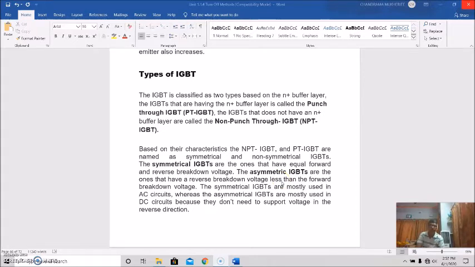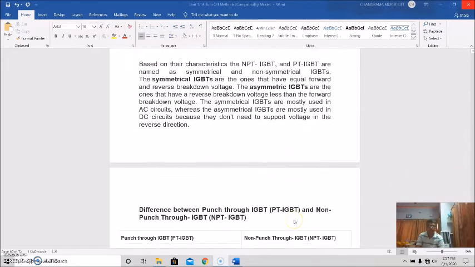Symmetrical IGBTs have equal forward and reverse breakdown voltage, and asymmetrical IGBTs have a reverse breakdown voltage less than the forward breakdown voltage. So mostly symmetrical IGBTs are used in AC circuits, and asymmetricals are used in DC circuits. They don't need to support voltage in the reverse direction.